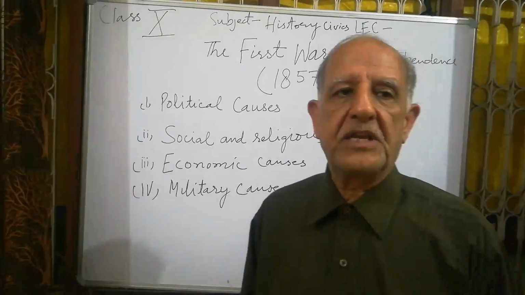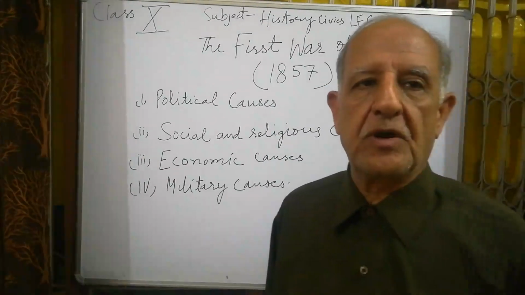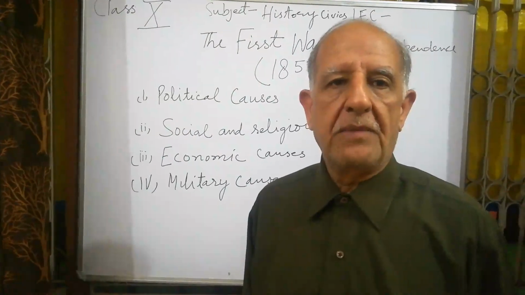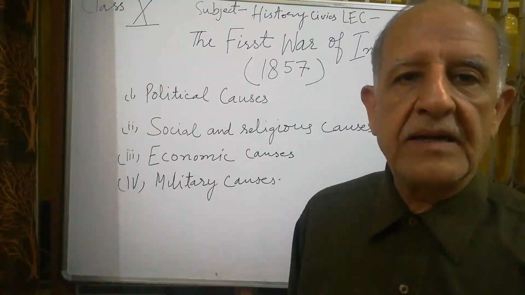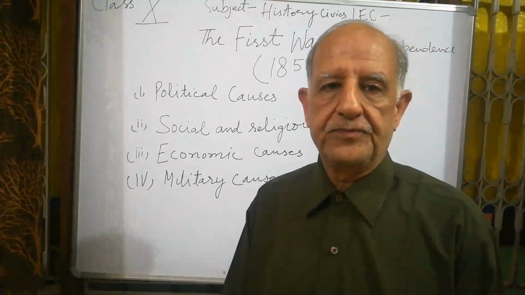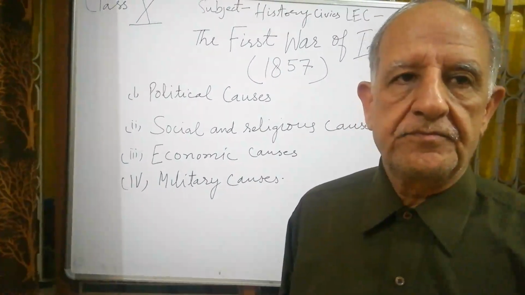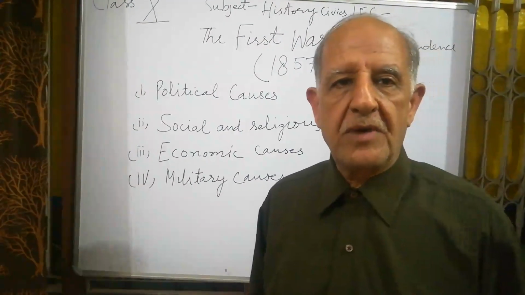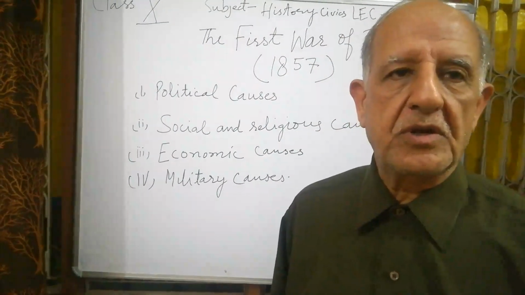As a result, these princely states were being taken over by the East India Company under the doctrine of lapse. Now, this doctrine of lapse caused alarm among the people and also among the Indian rulers of India.